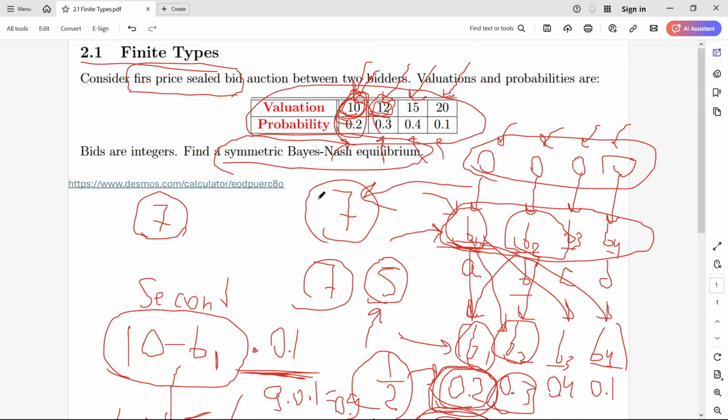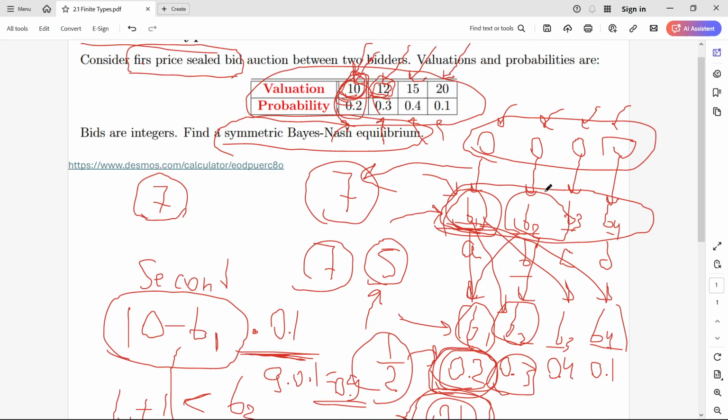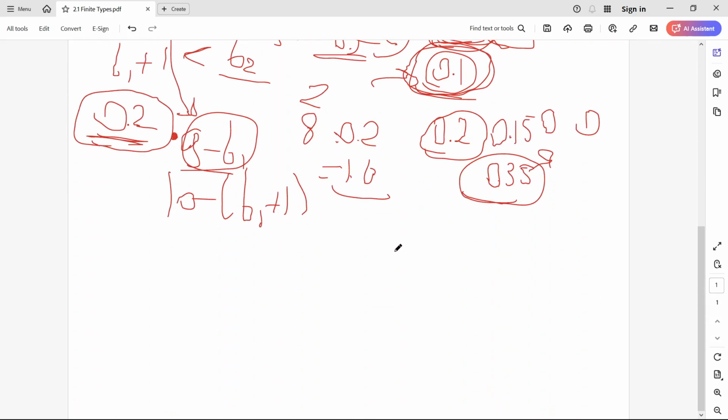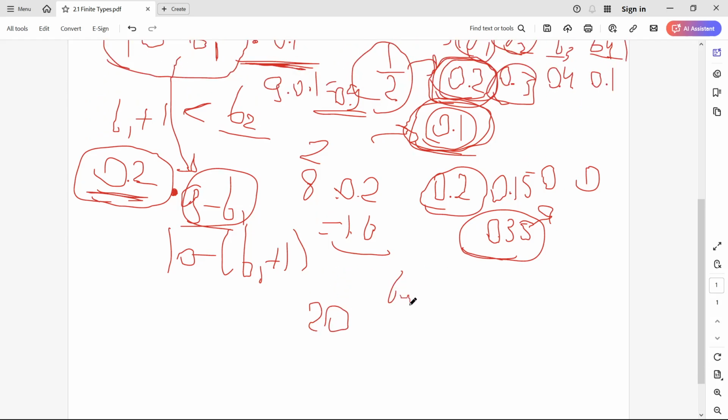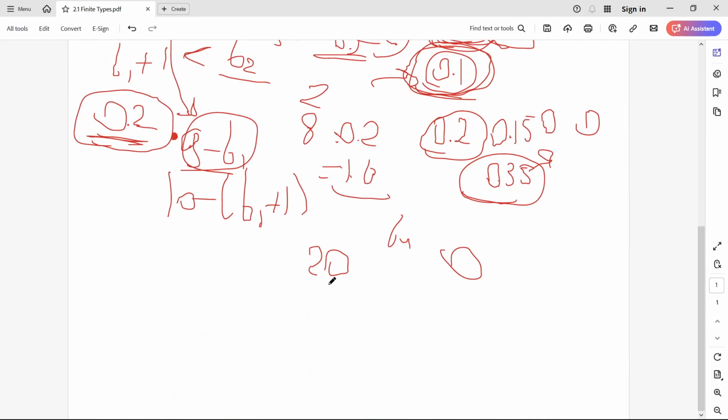So the basic idea is that for any B1, there could be some other bid which increases your chances and therefore increases your payoffs. Or conversely, if you're this guy with the higher end of the valuation and you're bidding 20, your payoff is 0 because your valuation is 20, but you will be paying 20, so you will be getting nothing.